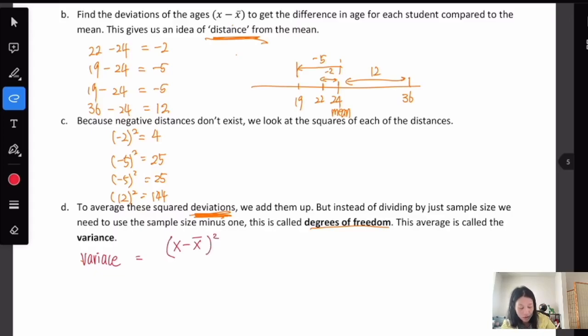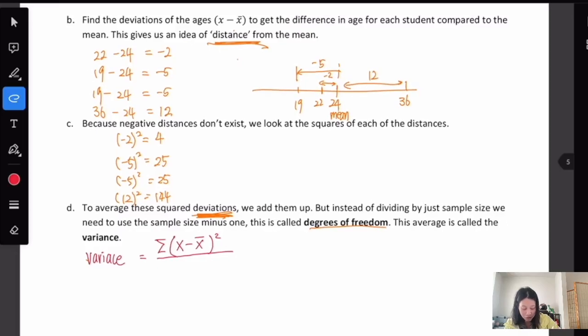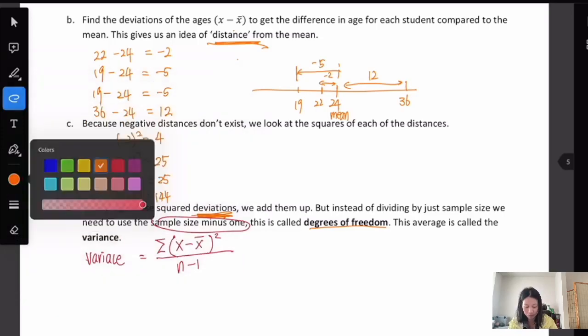We square the deviation, which means we square the distance of the deviation, and then we add them together. Remember, this notation means sum, and then we divide it by the degrees of freedom. The degrees of freedom is equal to the sample size minus 1. So here is our formula.